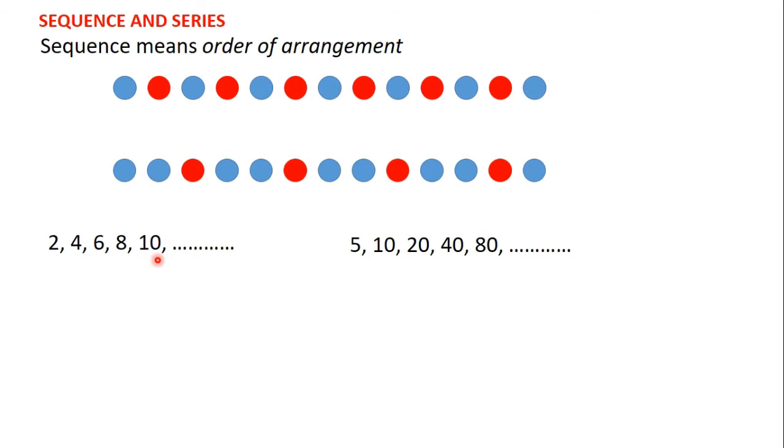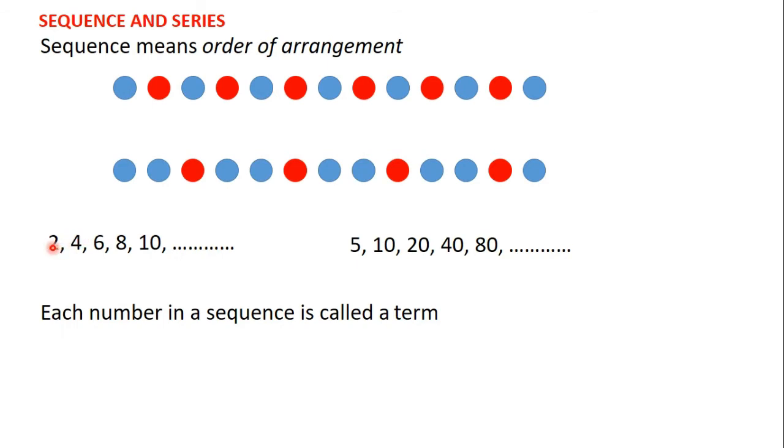Let's learn more about sequence. Each number in a sequence is called a term. So for example, in this first group of numbers, each number is referred to as a term. So 2 is a term, 4 is a term, 6 is a term, 8 is a term, 10 is a term, and it goes on and on.